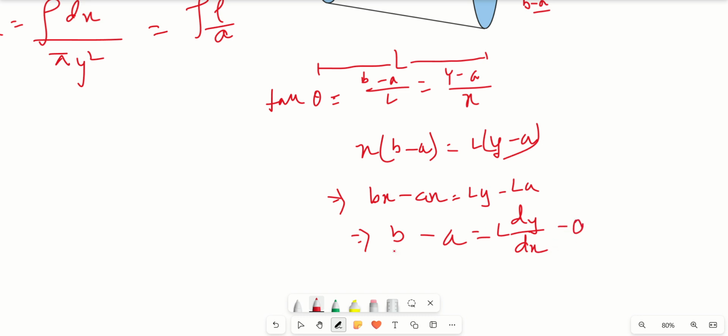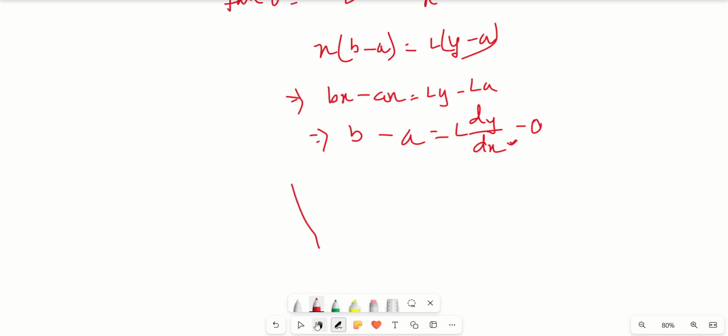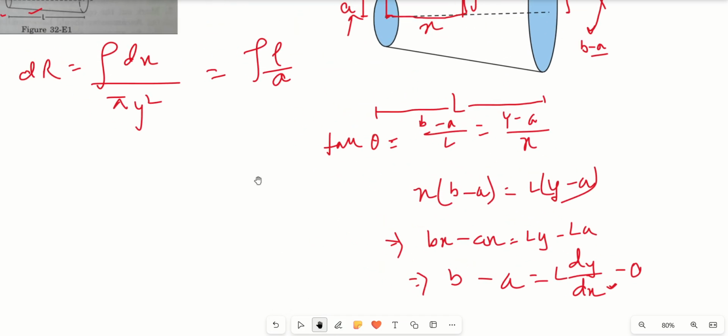We have done the differentiation with respect to x so that we can find the value of dx from here, and we will put the value of dx over here. That's why I have done this.